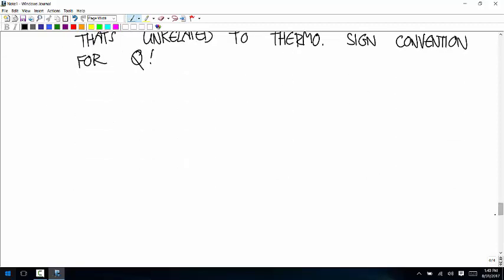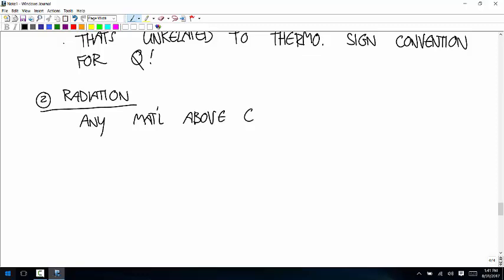Okay, the next type of heat transfer is radiation. And the way radiation works, any material that's above absolute zero Kelvin emits electromagnetic waves.